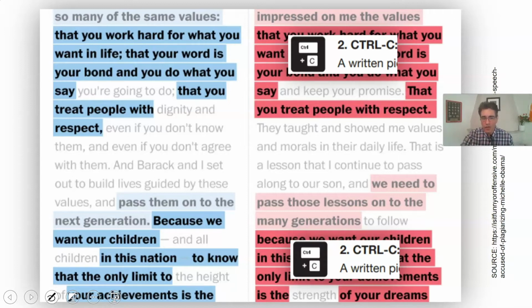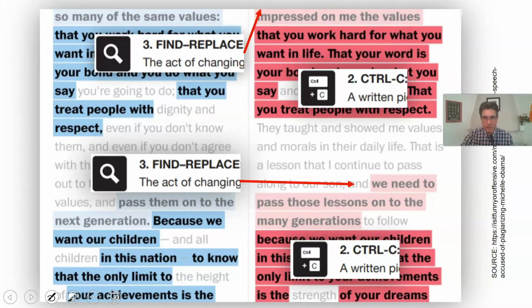The whole general thrust of the text is basically lifted from Michelle Obama's speech. There was a kind of find and replace that went on to change a few words here and there, but essentially it's pretty much an egregious example of plagiarism if you were looking at it from an academic perspective.